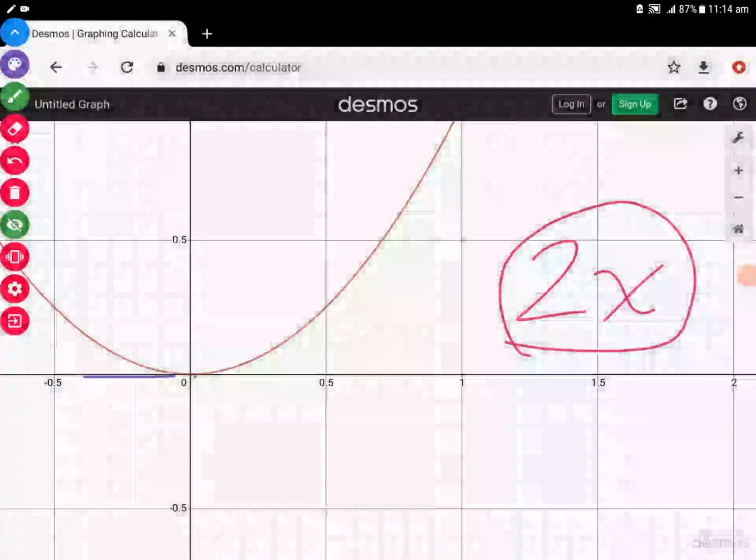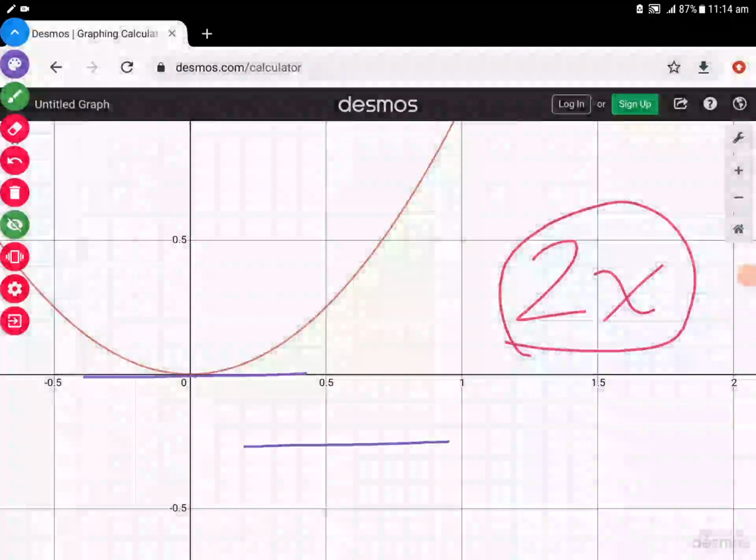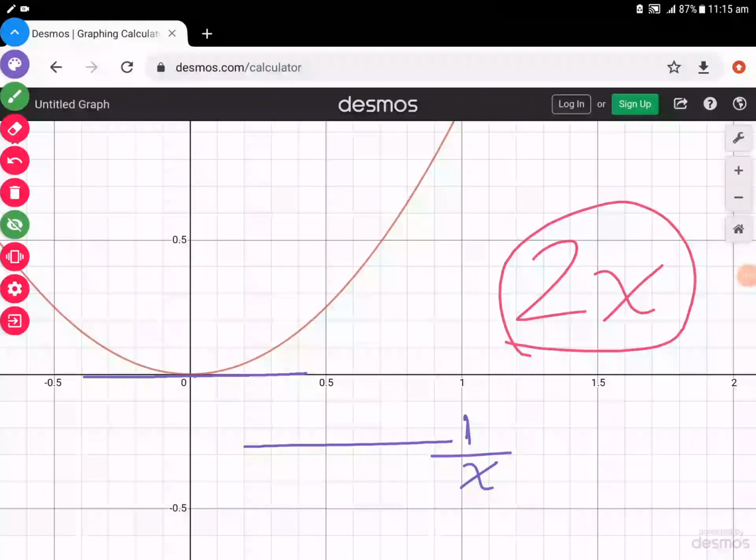This is the tangent, and I know that the slope of this tangent is 0, because the slope of a horizontal line is 0. How do you calculate slope? Change in y by change in x, and there's no rise here, no change in y, only change in the horizontal direction. So this is equal to 0.